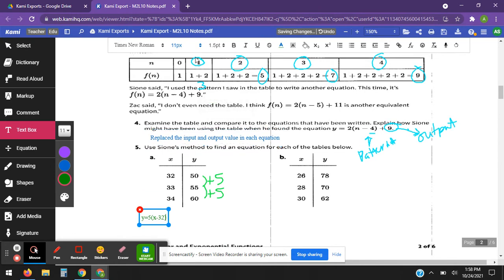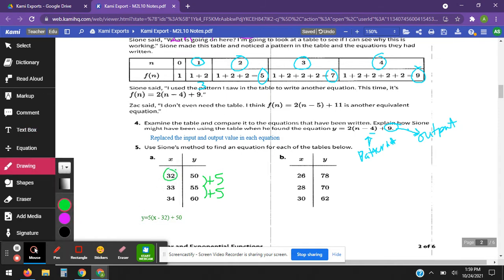Let's see if I can do both. When I have that term number, I need whatever the output is as that I'm adding. So if I'm putting in a 32, then I need to add my first number here of a 50. So both of these end up going in my equation so that I can solve it out.